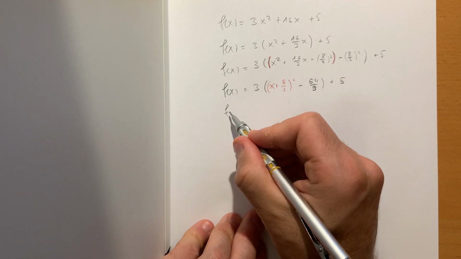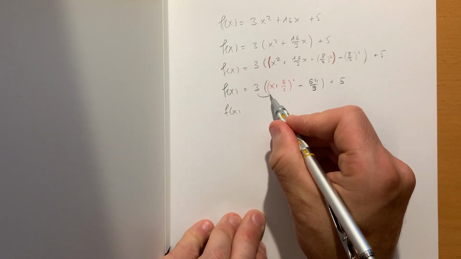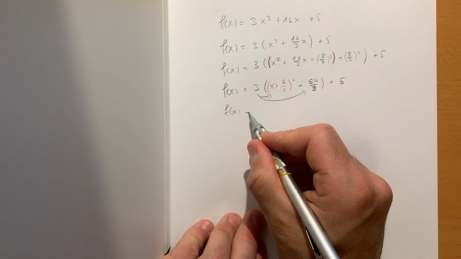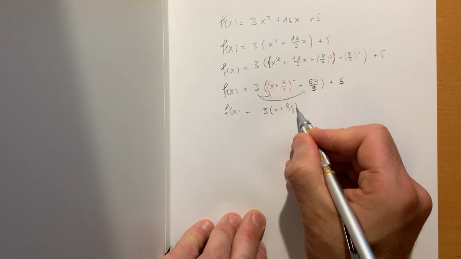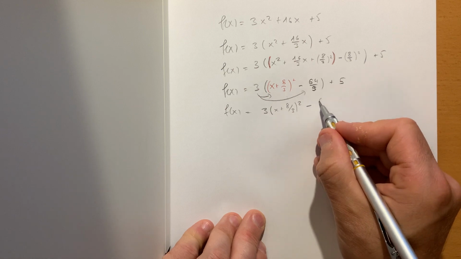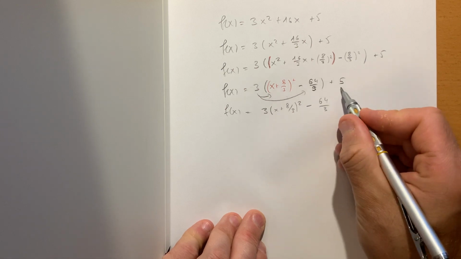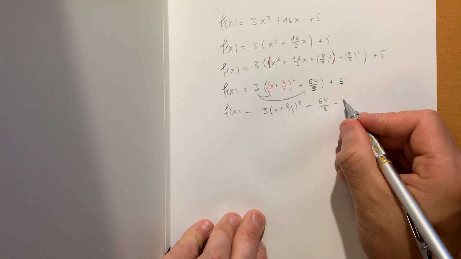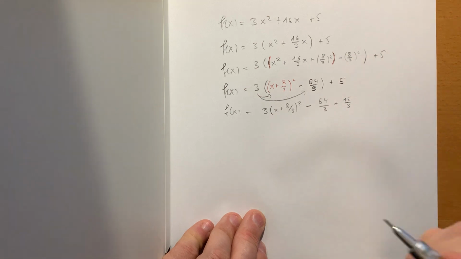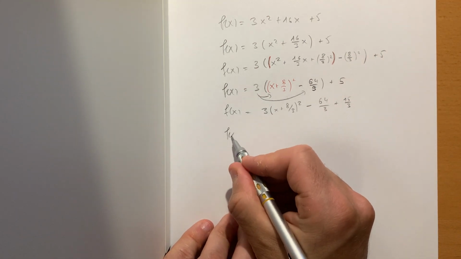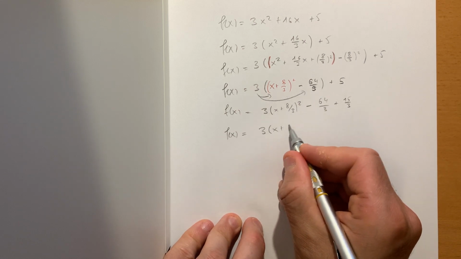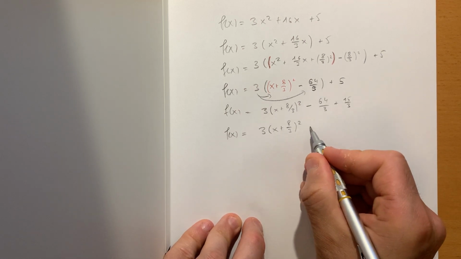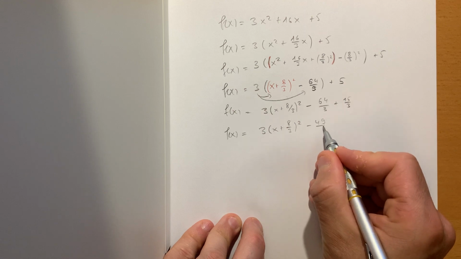Then you have to distribute. So this times this and this times this. So you're going to get 3 times x plus 8 thirds squared minus 64 thirds. And then you have to add plus 15 thirds, which is 5, obviously. And you get f of x is 3 times x plus 8 thirds squared minus 49 thirds.